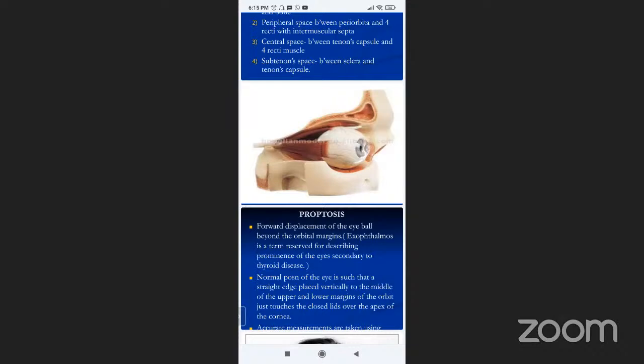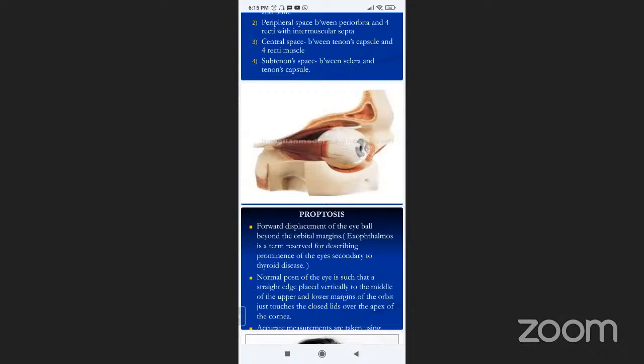That condition is known as proptosis. So proptosis is forward displacement of the eyeball beyond the orbital margins. We use the terminology exophthalmos for describing prominence or proptosis secondary to thyroid disease.